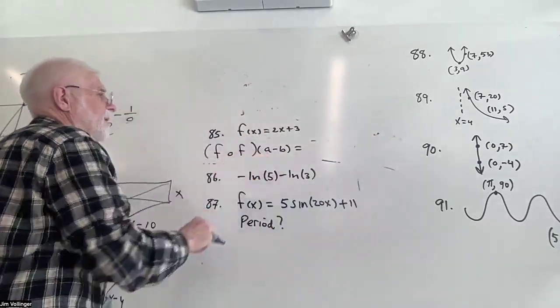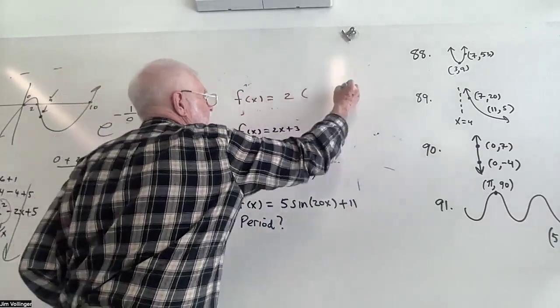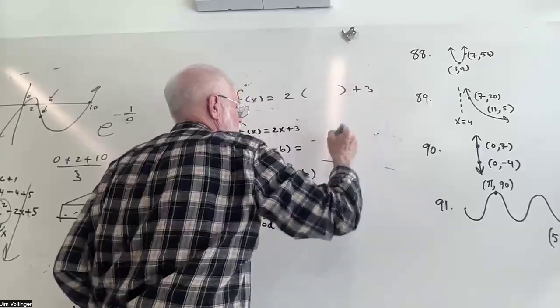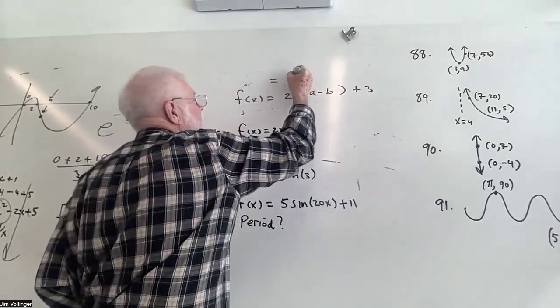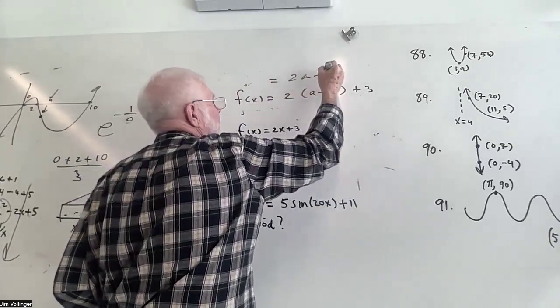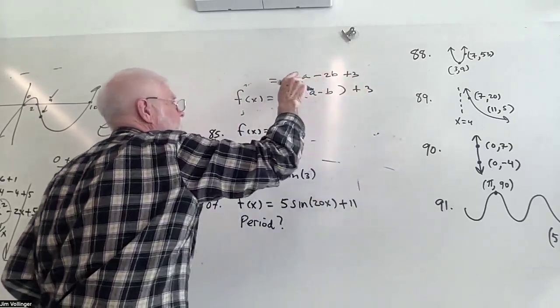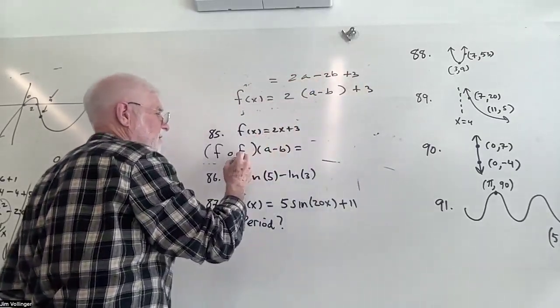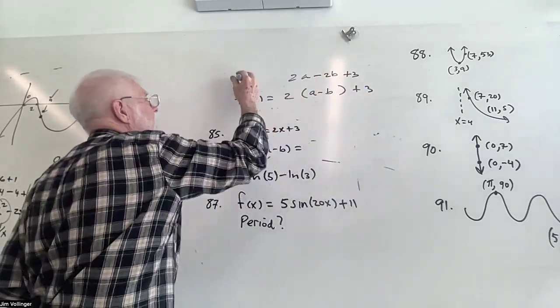f of (a minus b). So f of x tells me to double something and add 3. What am I going to double? a minus b. So what does that equal? It equals 2a minus 2b plus 3. That's that. Okay, so I've done this to get that. Now I've got to do what? f of that.